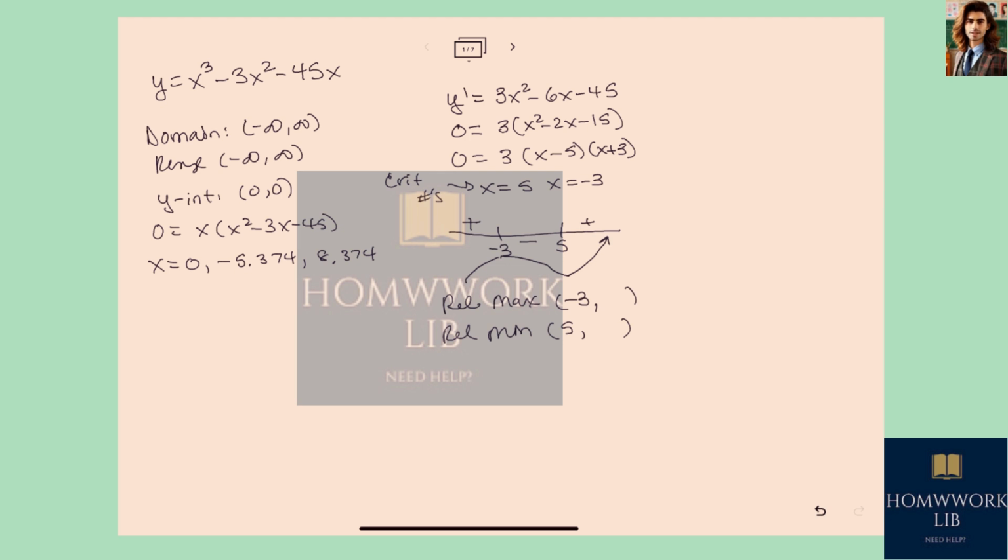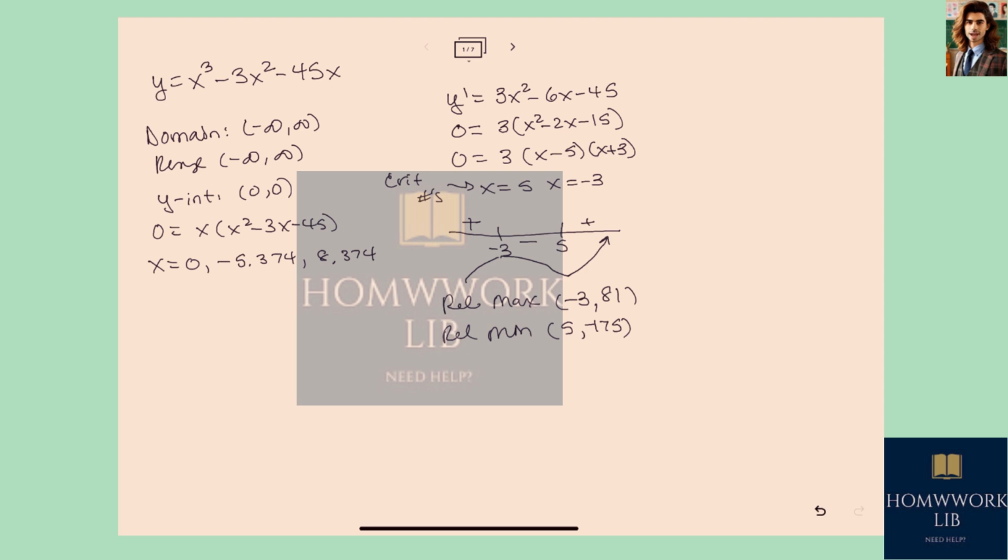So I'm going to put those values back into my original function. Okay, so let's see what we got. If I put in -3, I'm going to get out 81. If I put in 5, I'm going to get out -175.